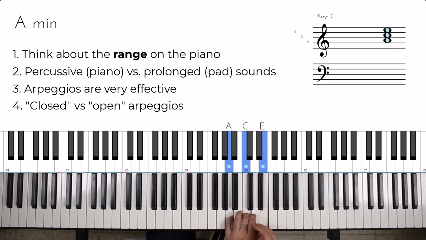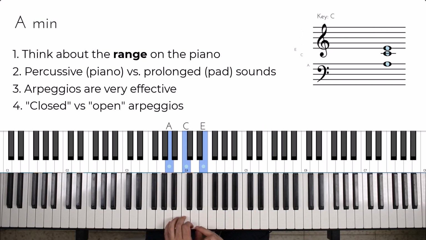Or for an A minor, let's say instead of playing it like this, you can take the A minor chord, look at the center note, move it up an octave, and play it like this.